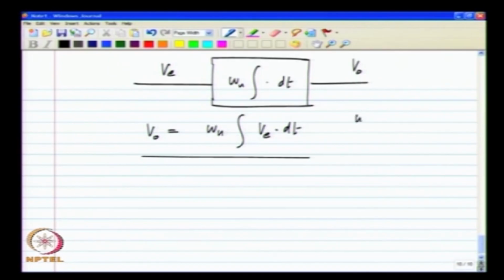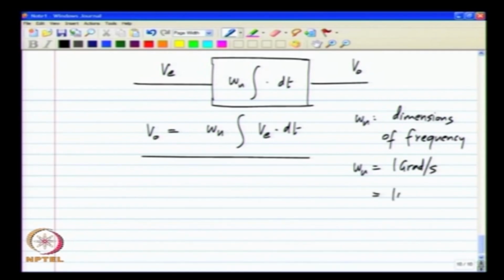And omega u has dimensions of frequency. So, just as a numerical example, let me take omega u to be 1 gigaradians per second, that is to say 10 to the 9 radians per second. So, what happens in this case?